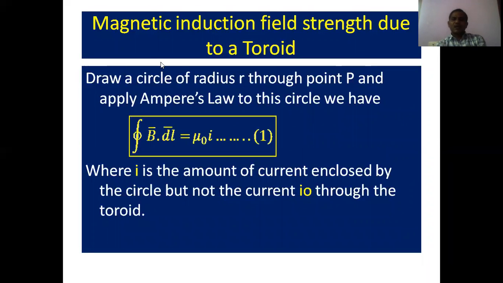Now draw the circle of radius small r through the point P as explained in the previous figure. By applying Ampere's law to that circle, we can write closed integral B bar dot dl bar equals mu naught I, say equation 1. Here I is the amount of current enclosed by that circle, not the current I naught through the toroid. Okay, remember this one.